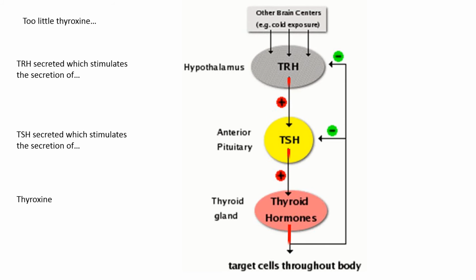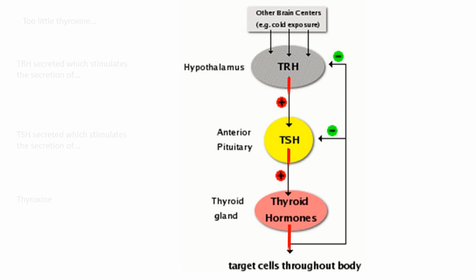Now we can get to the negative feedback bit, because we don't want to have too high levels of thyroxine. So we need to stop thyroxine being secreted. So we have too much thyroxine. That now has a negative action, a negative feedback on the hypothalamus. And as a result of this, the hypothalamus will stop secreting TRH.